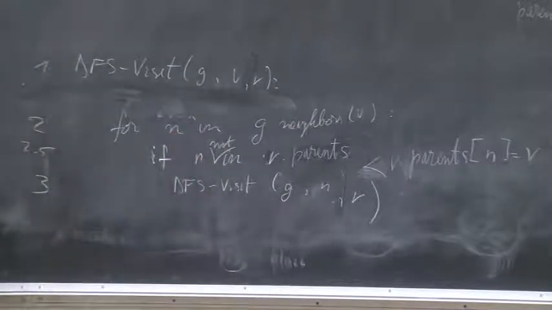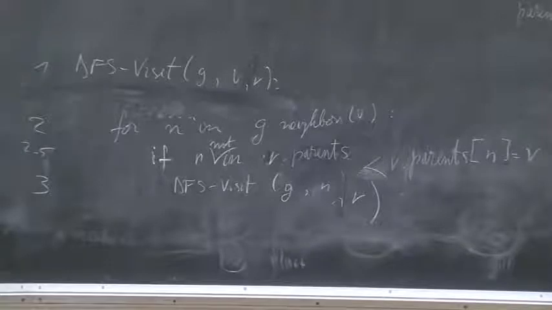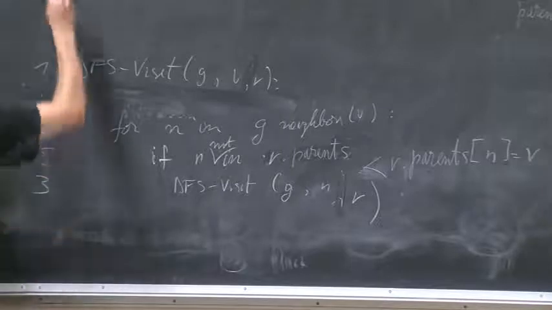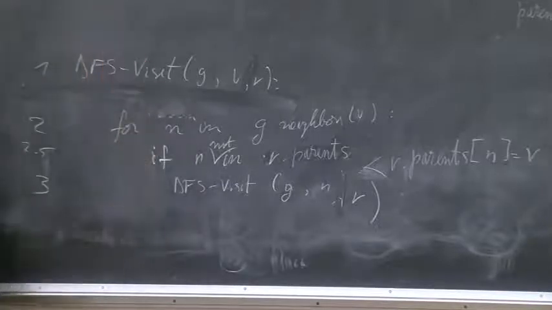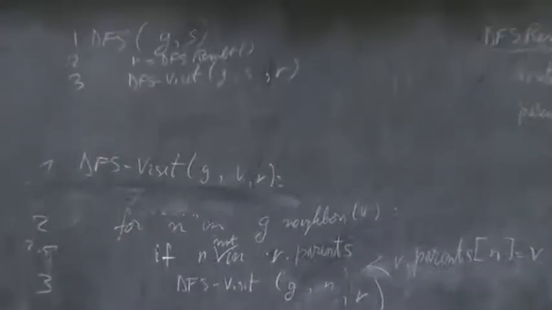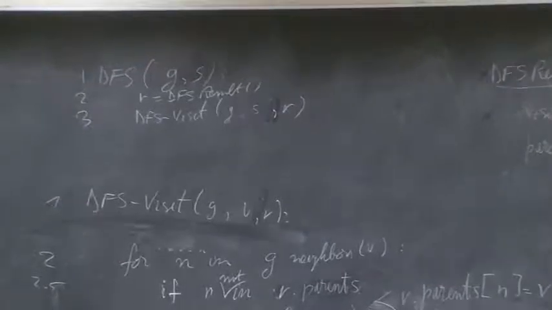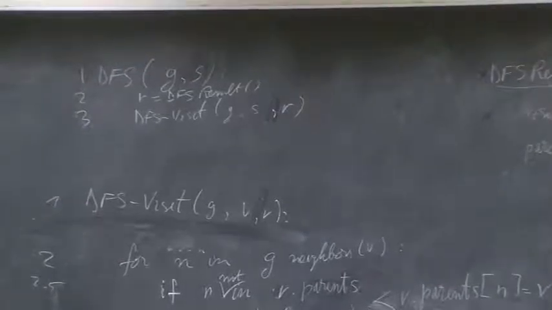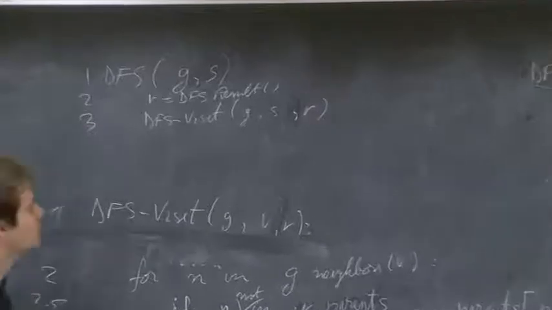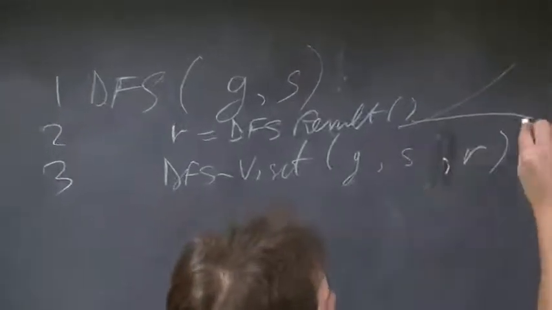And what else do we need? There's one missing parent, the first one. Where do I set it? Put that in DFS, at line 2.5. So here, what do I write?